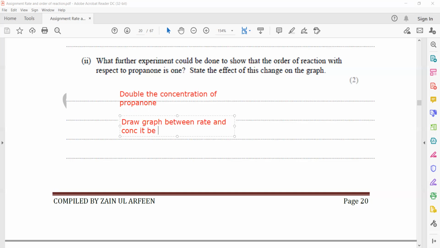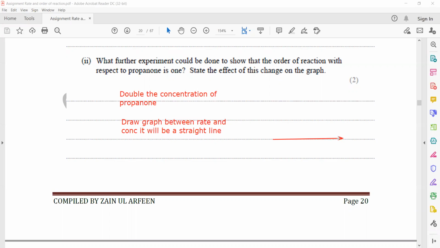It will be a straight line. That confirms that it is first order with respect to propanol.